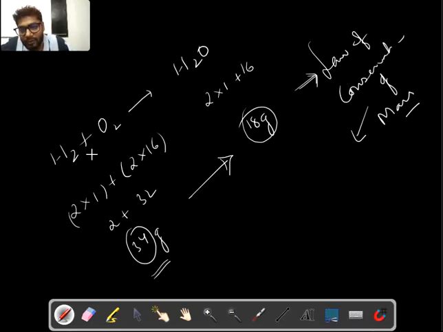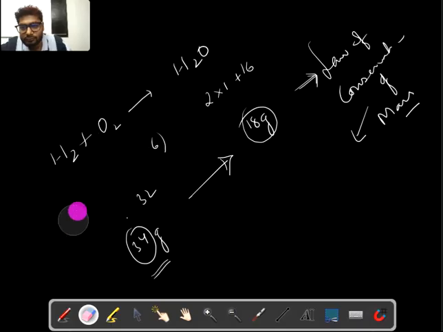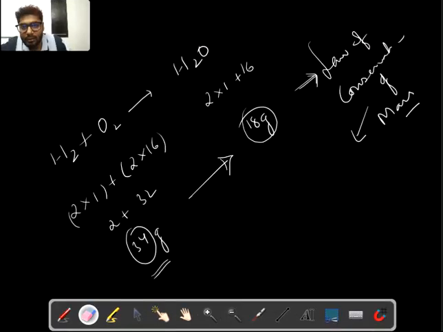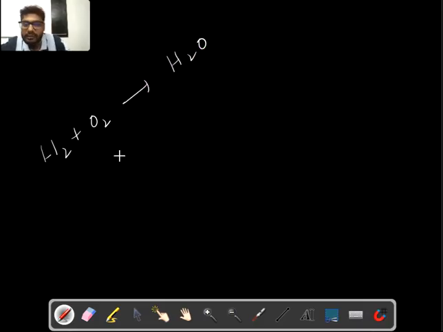Now, what I'm doing, I'm writing on another page so that we can see. See, this was the reaction: H2 plus O2 gives H2O, right? Now I'm balancing it.